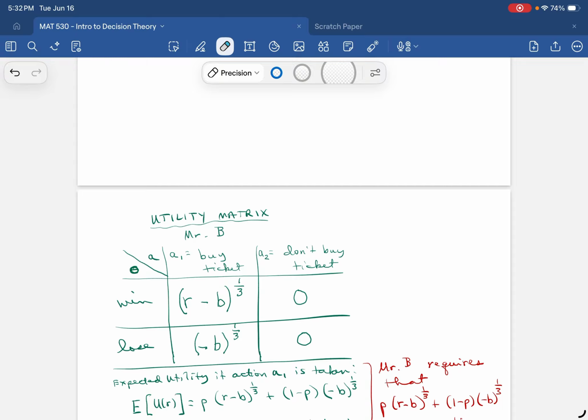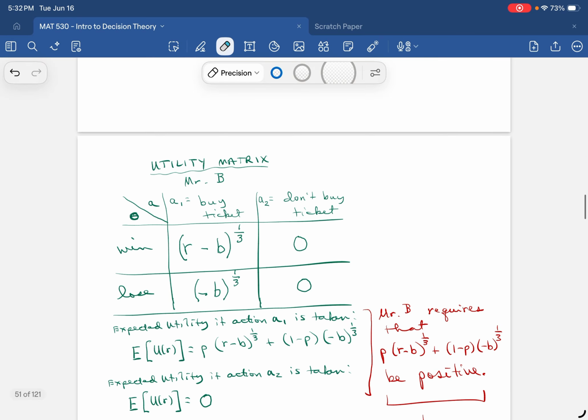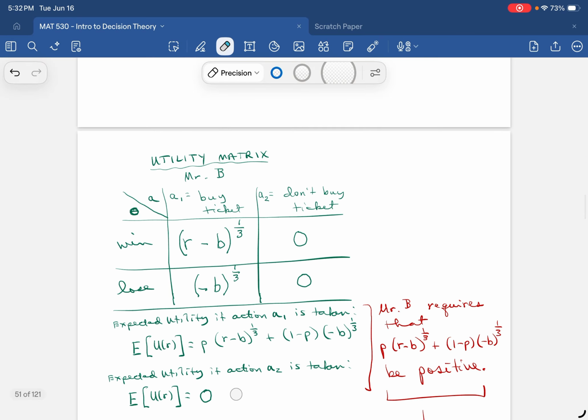So this expression here is the expected utility if action A1 is taken. And then similarly, and quite simply in this case, the expected utility if action A2 is taken is just 0.